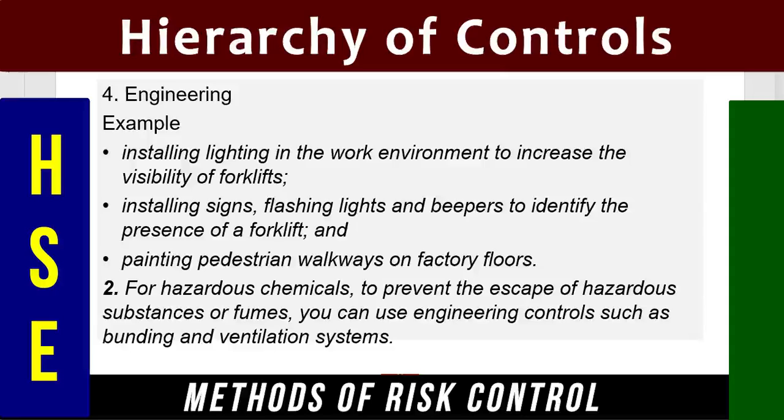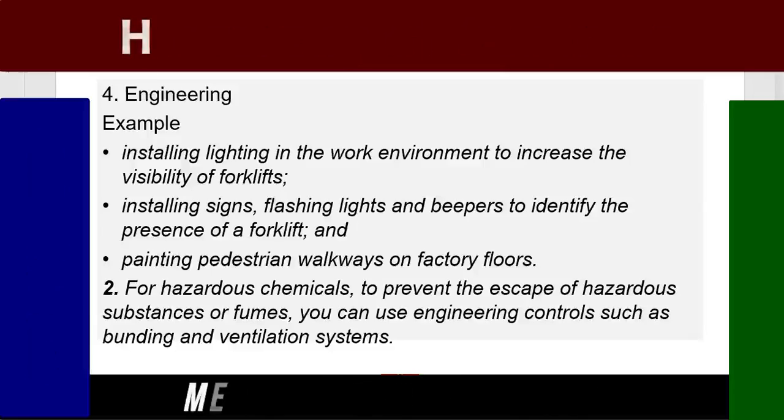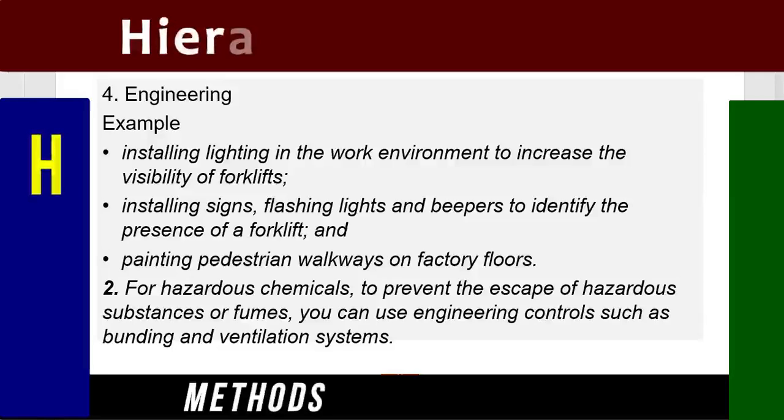A second example might be for hazardous chemicals, to prevent the escape of hazardous substances or fumes. You can use engineering controls such as bonding and ventilation systems. In this way, you can control the hazards and risks at your workplace to protect workers from injury or harm.